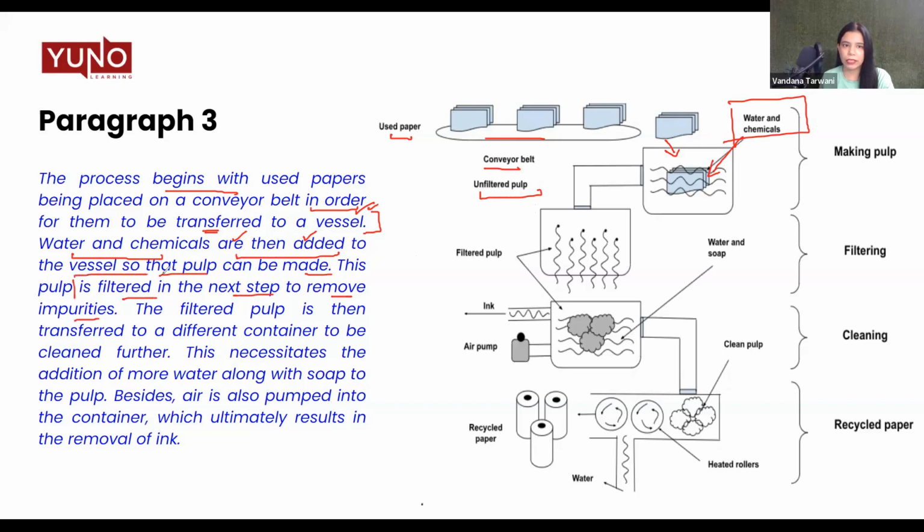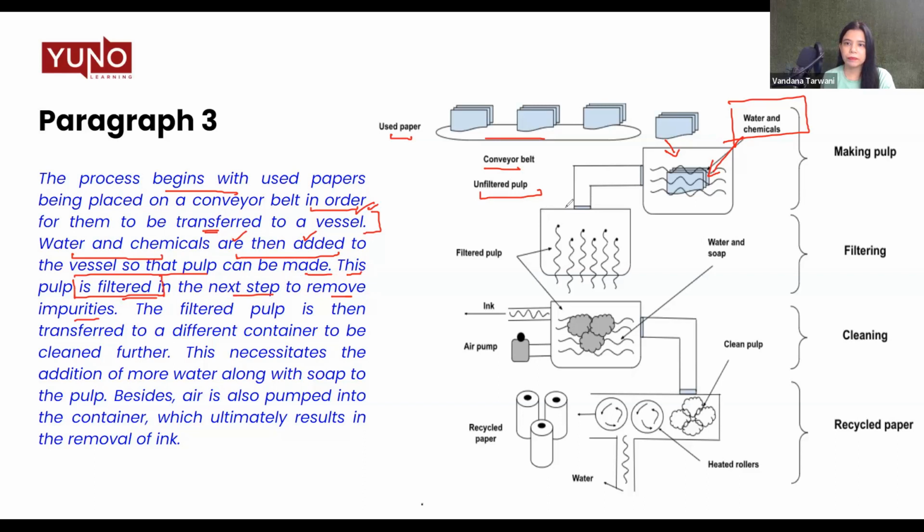Look at the language, is filtered. Again, is plus the third form of verb, that is passive voice. In passive voice, we tell how something is done. In active voice, we tell how we do something. Now here, we don't know who is doing all these steps. That is why we are using passive voice. So once again, this pulp is filtered in the next step to remove impurities.